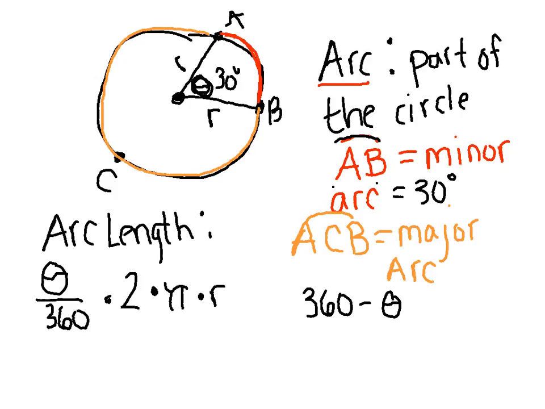Then I could find out what the major arc was by doing 360 minus 30, and its measure would be 330 degrees. Do you see how we're doing that there? Always given the major or the minor arc, we can calculate the other. Okay, so that's just some stuff that we know right now about this one.